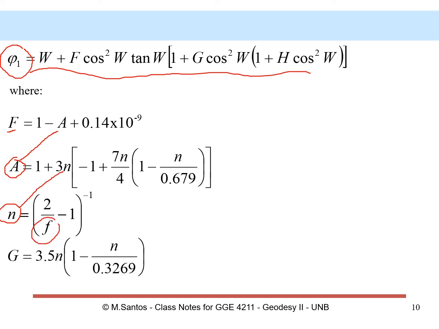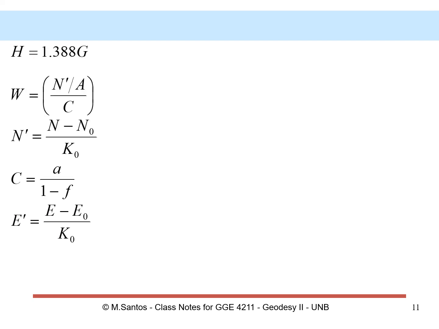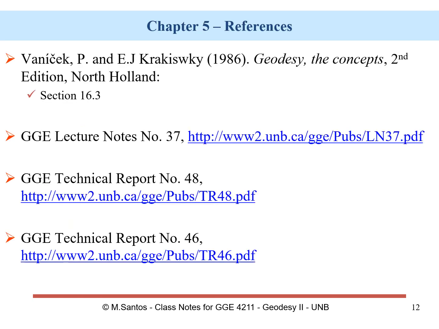F is the flattening. We have the term G, we have H, W, N prime, and we have N sub 0 and E sub 0, which are the coordinates of the northern equator and the eastern, the central meridian.